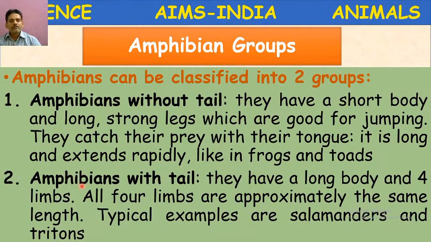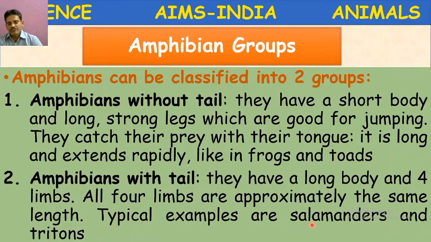Next group, amphibians with tail. They have a long body and 4 limbs. All 4 limbs are approximately the same length. Typical examples are salamander and tritons. Okay, amphibians with tail.